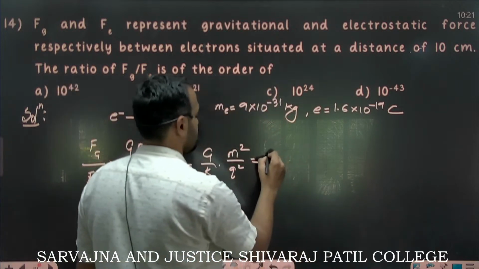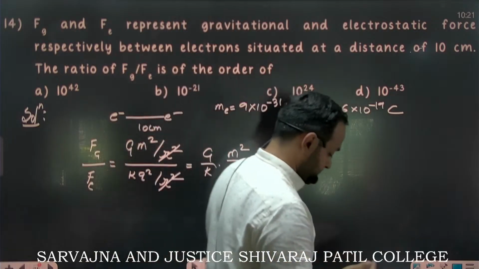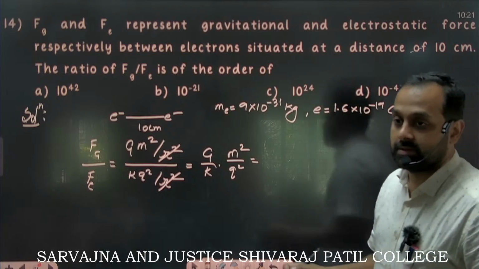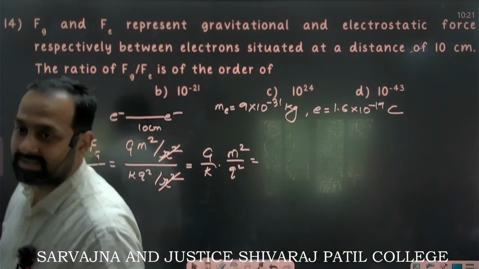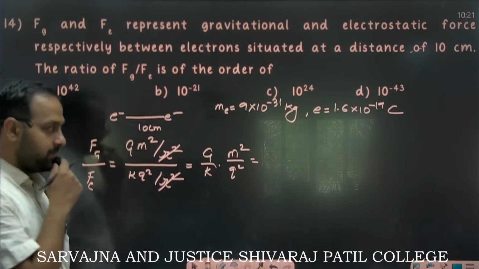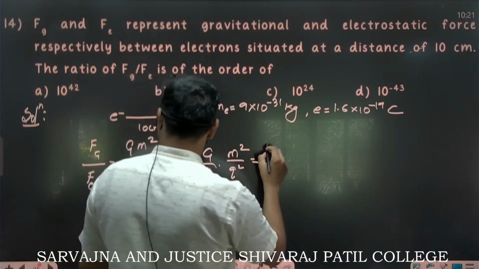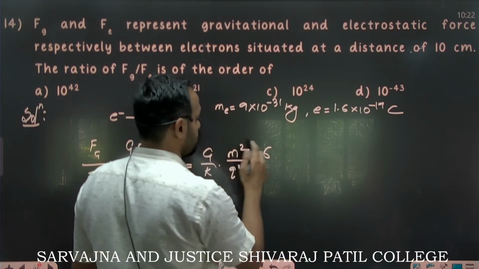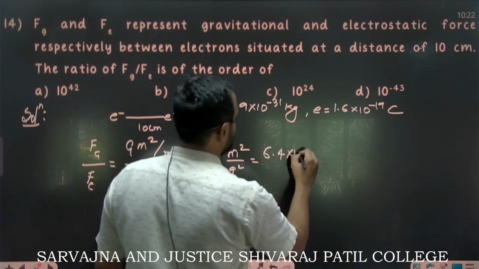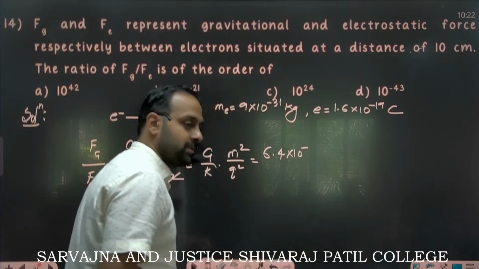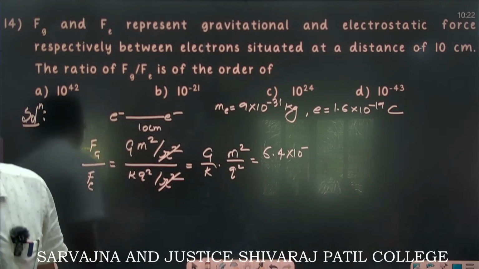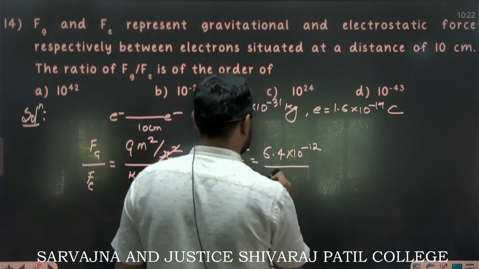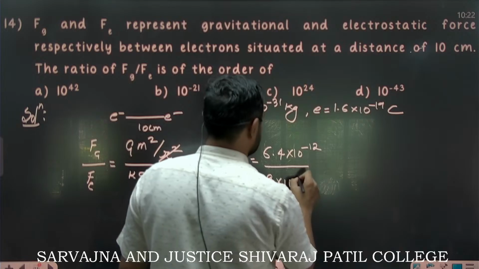That means G is, let's say, 6.67 into 10 power minus 11. K is 9 into 10 power 9.